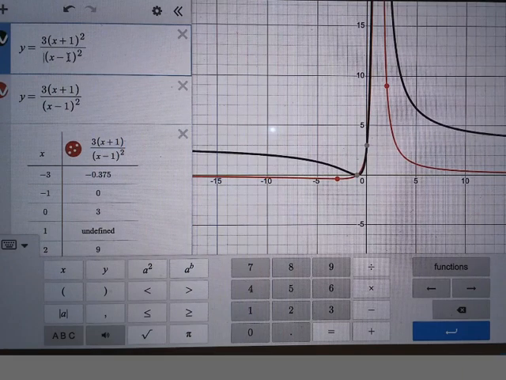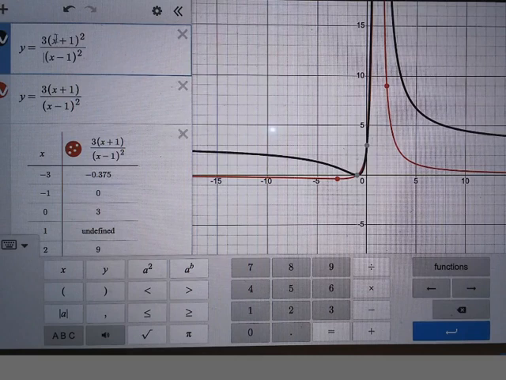Equal degree, then they will go to the ratio of the coefficients. In this case, 3 over 1, because I'm going to have 3x squared over 1x squared. So this will approach a horizontal line of 3.